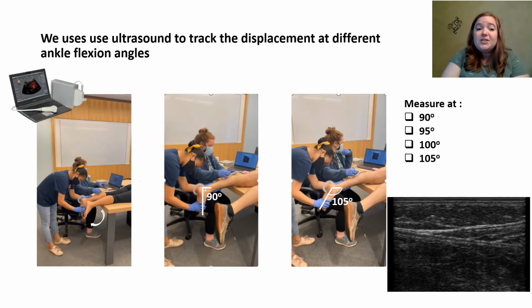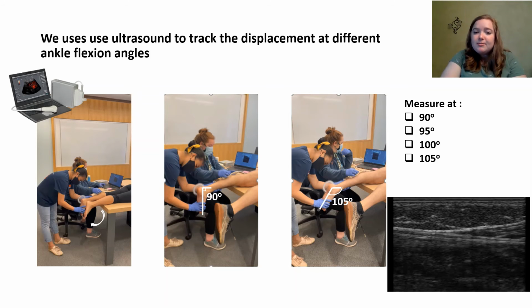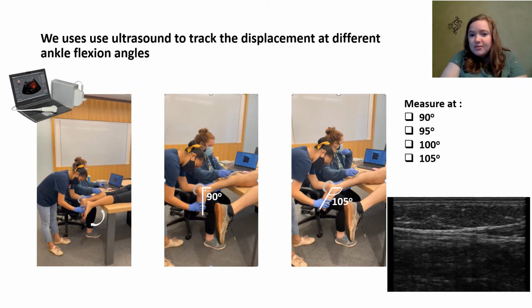And so we see here that I'm ultrasounding the muscle tendon junction at a variety of angles, and V is moving the foot passively because we don't want any muscle action to interfere with the properties of the tendon that we're trying to measure, because we're just trying to isolate that tendon displacement. And so we see in this video here, we're tracking that displacement across the angles.